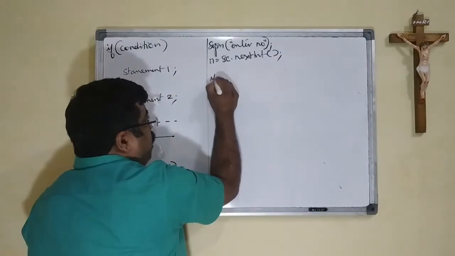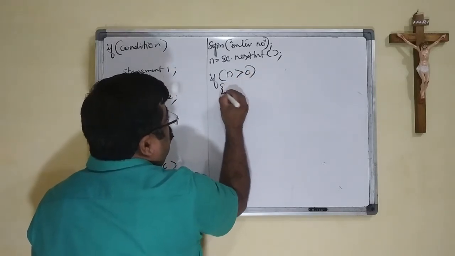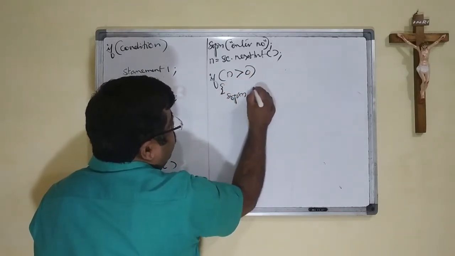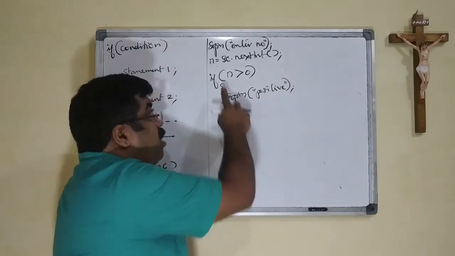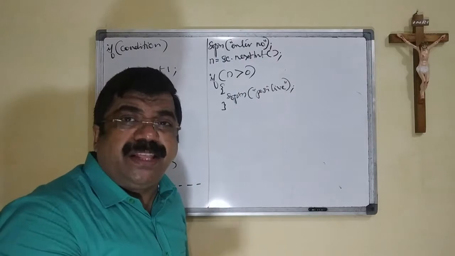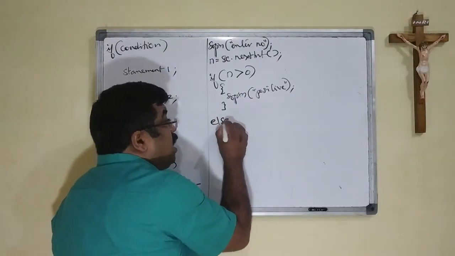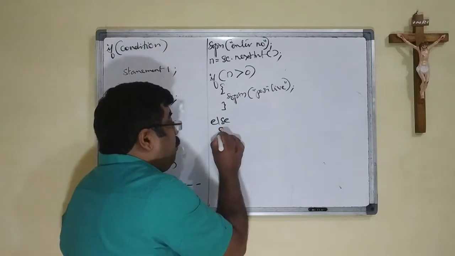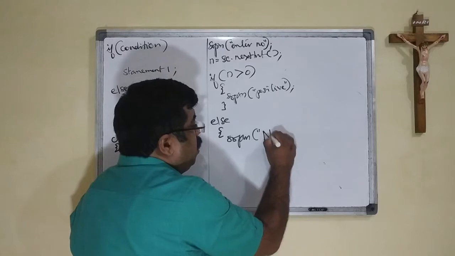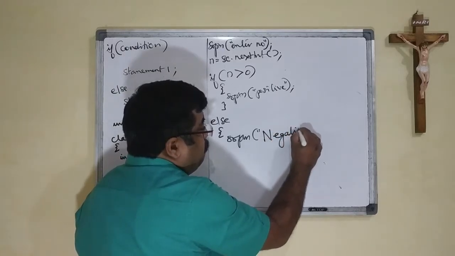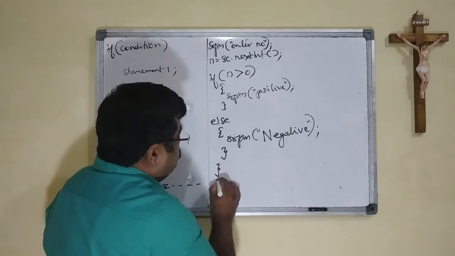Now we give if n is greater than 0, SOPLN number is positive. And if n is not greater than 0, what we have to do will be given after the else statement. What do we give? SOPLN, the number is negative. Main closed, class closed.